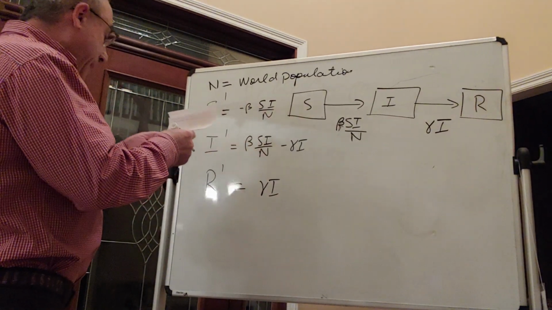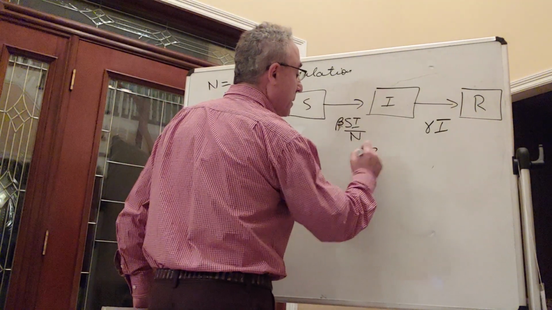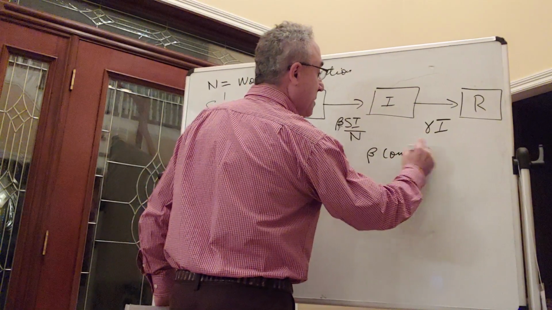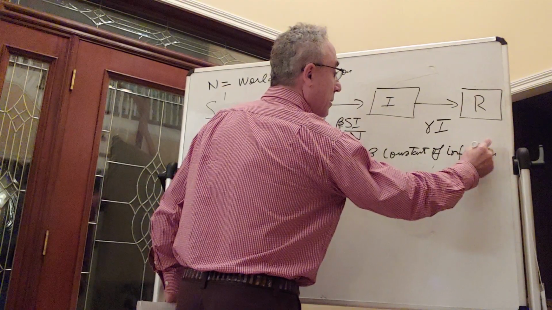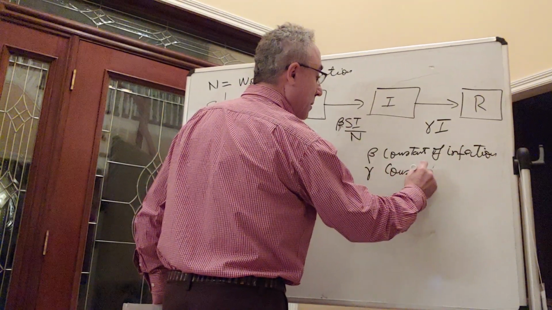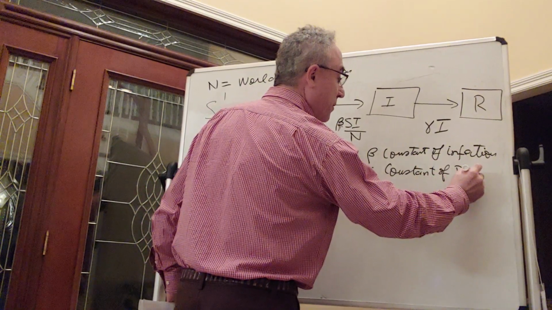Now, beta and gamma are very, very important. Beta is the constant of infection, and gamma is the constant of recovered or removed.